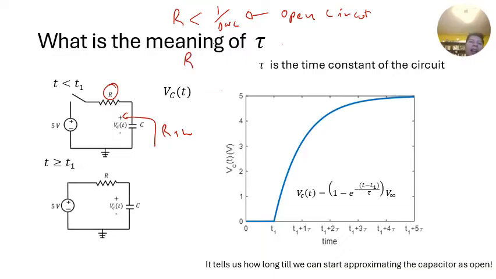But if R is less than 1 over j omega c, we can treat it as a short. Meaning that if R is the one that dominates in the circuit, we can approximate the capacitor as a short.